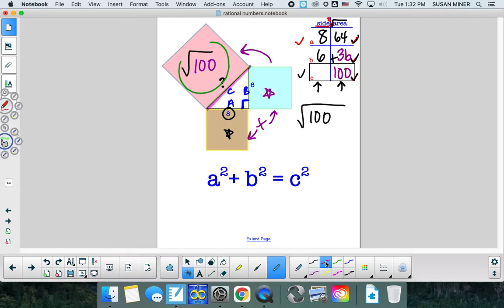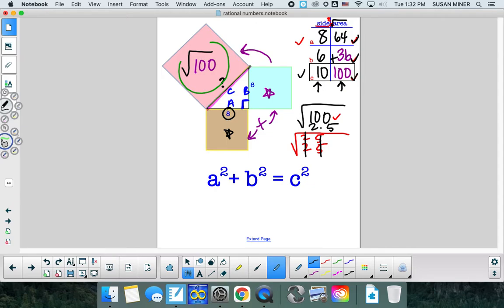The first thing that we're going to do is either look in our factorization chart or factor out 100. So 100 is 10 times 10. That makes 2 times 2 times 5 times 5. 10 times 10 is 100. And so when I factor this out, I'm going to pull out a 2 times 5, and I'm going to end up with a 10.